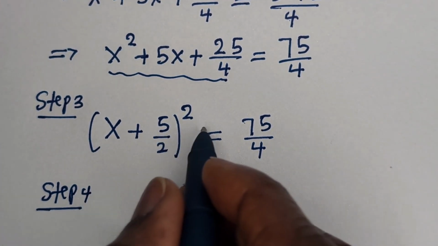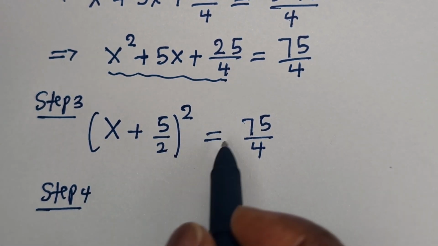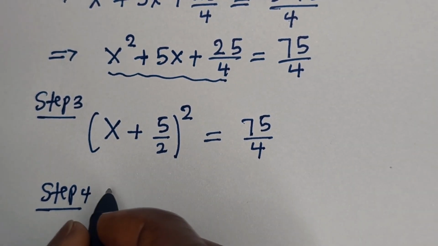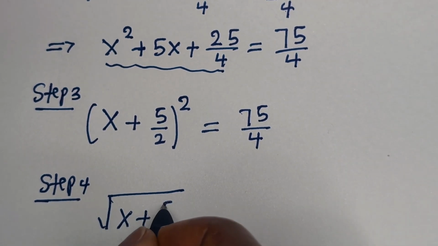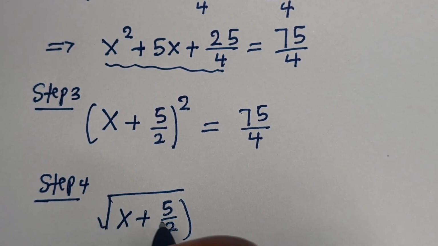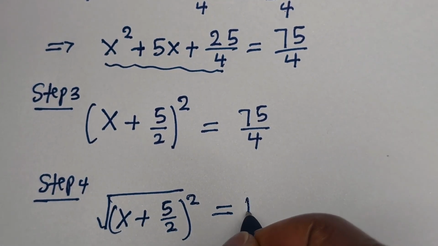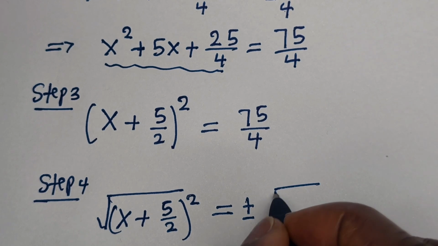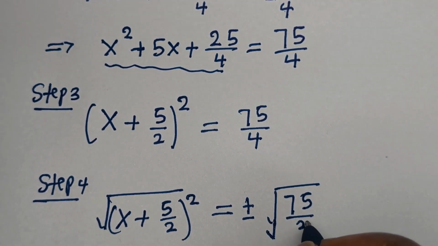Let's call this step 4. Let us take the square root of both sides of this equation. We have square root of x plus 5 over 2 squared is equal to plus or minus square root of 75 over 4.